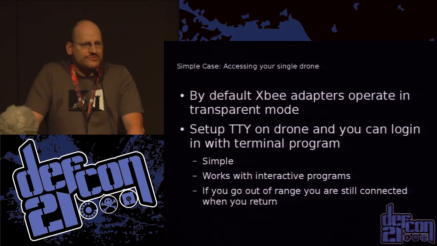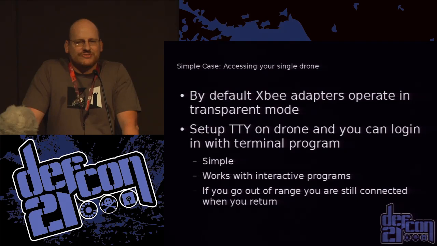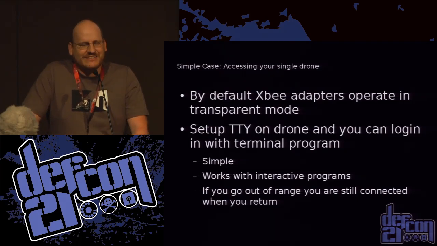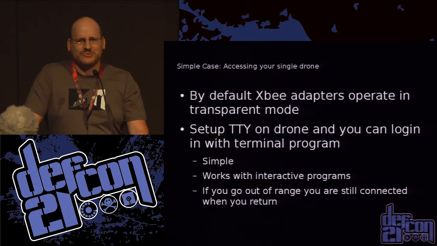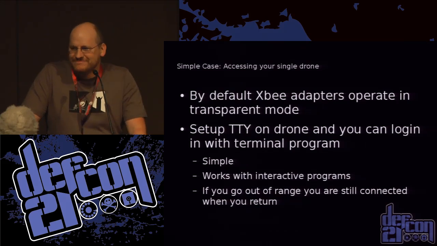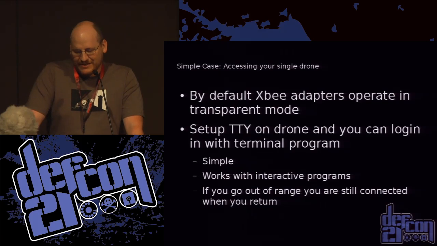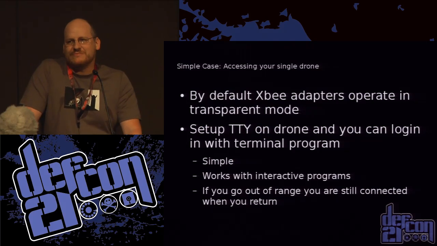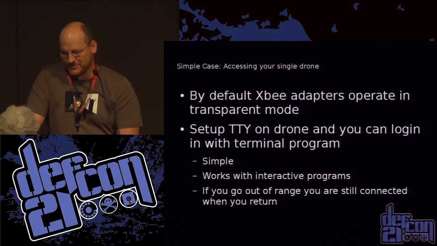And you can do this and then set up your drone to use TTY, which again, some of you will be like, what's that? Something that people used in the old days to telnet into stuff, all right? So it's pretty simple. There's a lot of information on how you set that stuff up, and you can do it. That's one way you can go.